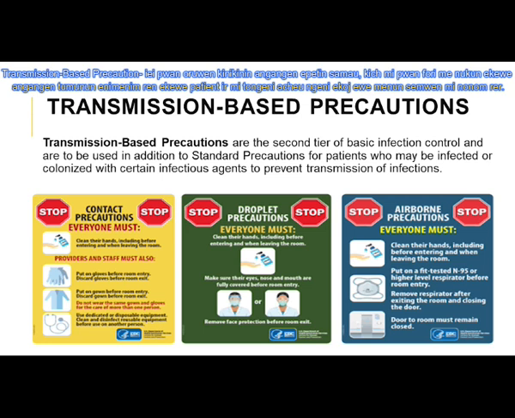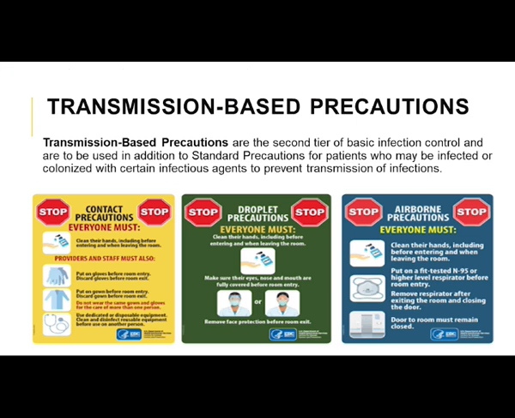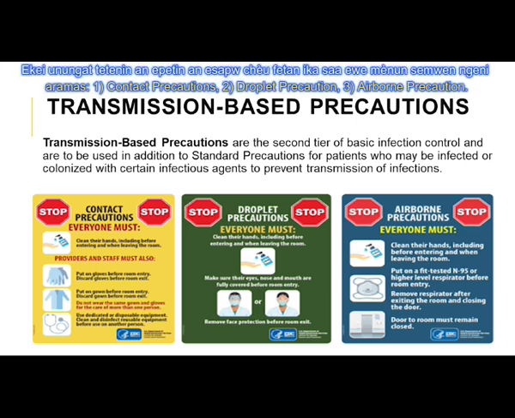We sometimes call them multi-drug resistant organisms. So it comprises contact precaution as well as droplet precaution and airborne precautions. So you need to add all of these 3 with the standard precaution.